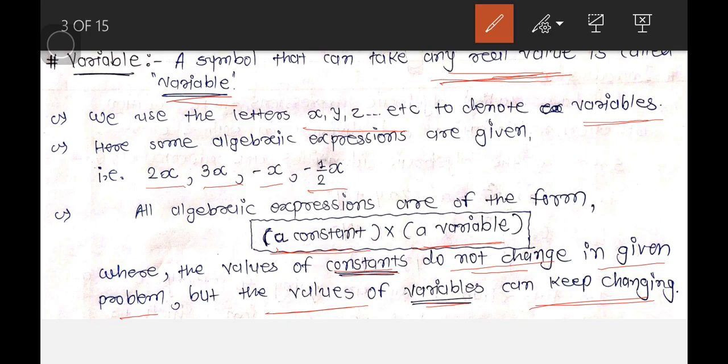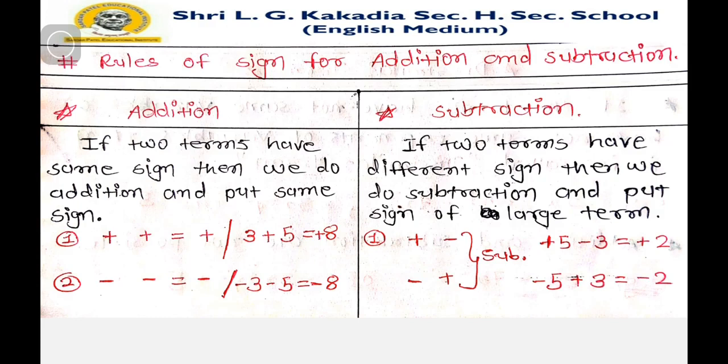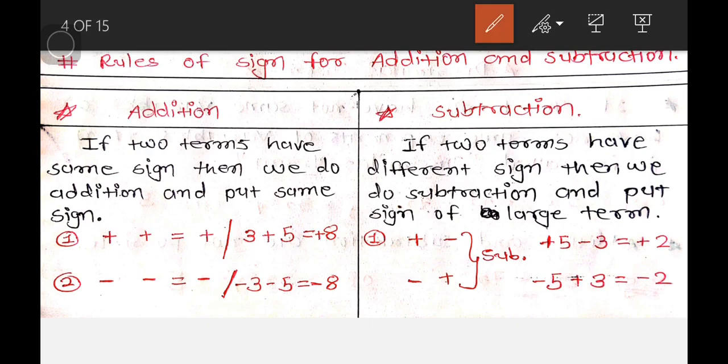Now we study the rules of addition and multiplication related to sign, which will be very important in polynomials. Here the first rule, rules of sign for addition and subtraction. You have already studied about it in earlier classes, but once again we recall it. So here are rules for addition and subtraction for sign.